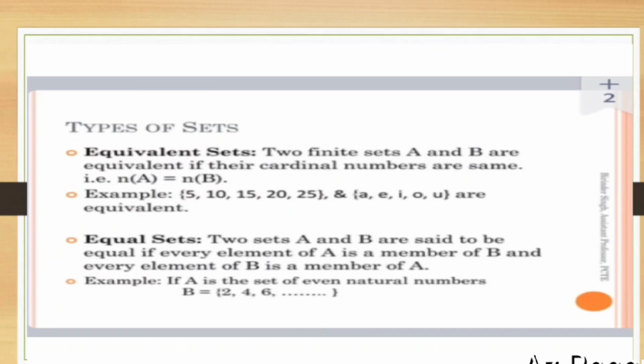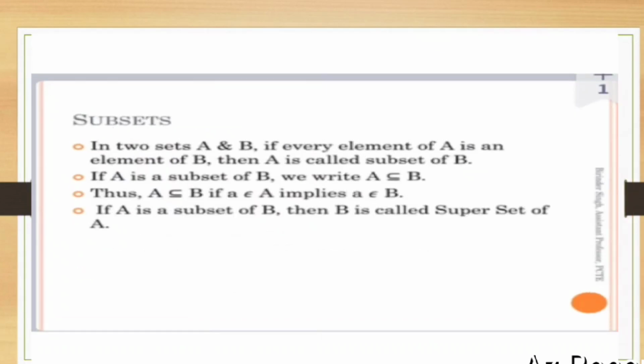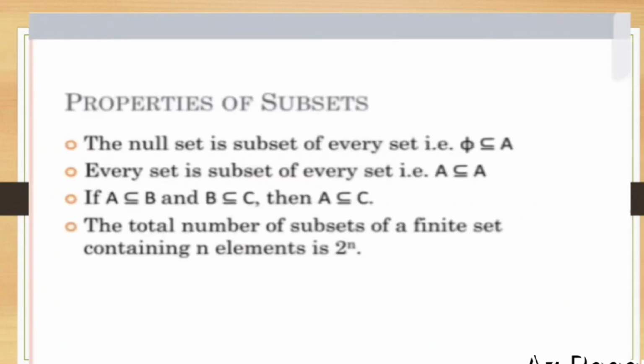The next one is subset. The set A is called a subset of S if every element of A is also an element of S. Next, properties of subset. Empty set is a subset of every set. Every set is a subset of itself. The next type is proper subset.